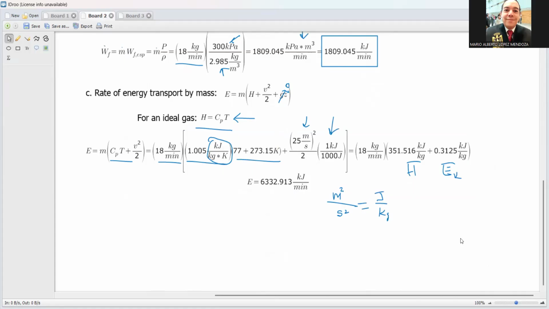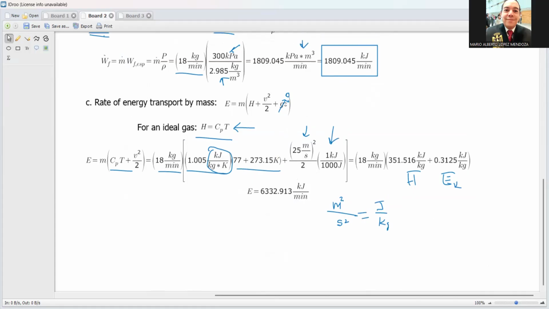If you see, enthalpy is higher than specific kinetic energy by a very large margin. So in this case, we could assume that specific kinetic energy is negligible too, as with the potential energy.